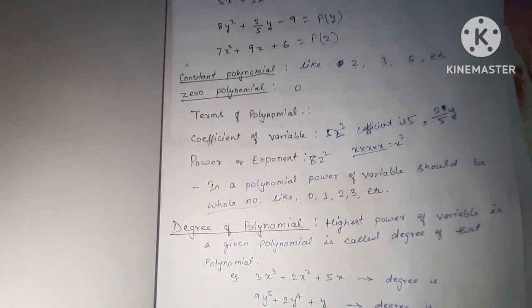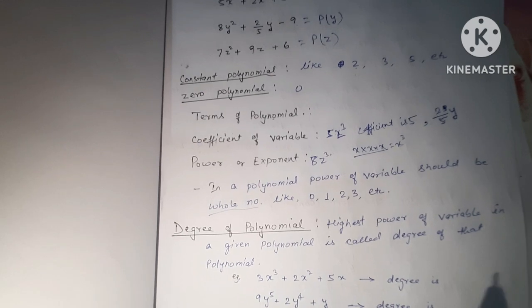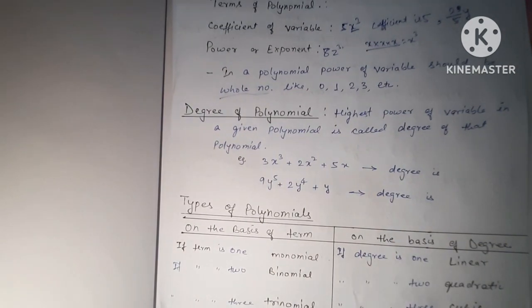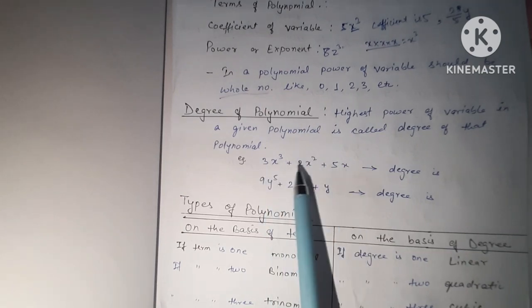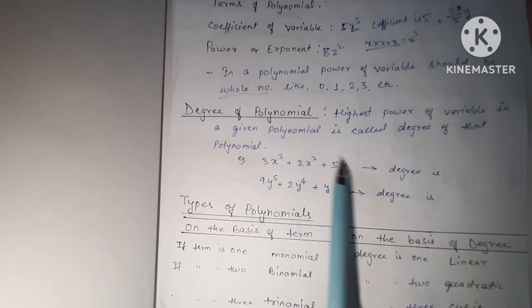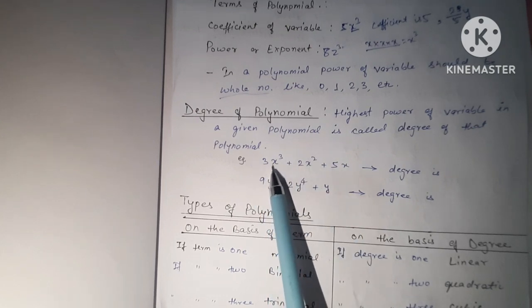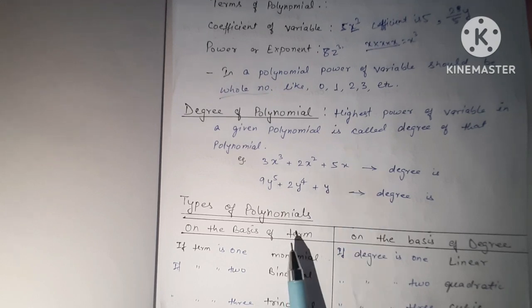Now the degree of a polynomial. We take an example here: 3x cube plus 2x square plus 5x. The highest power in a given polynomial, which is a polynomial p(x) in terms of the variable x. Here the exponent of x in the first term is 3, in the second term the exponent of x is 2, and in the third term the exponent of x is 1.